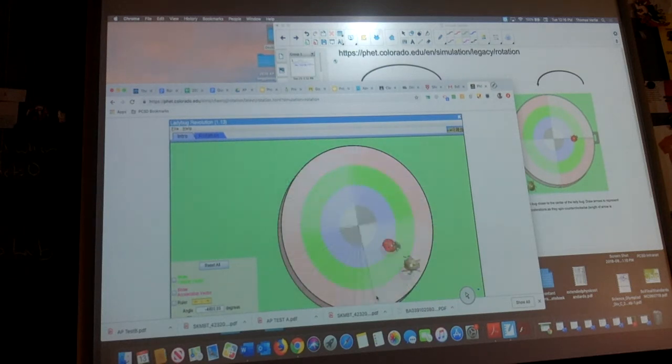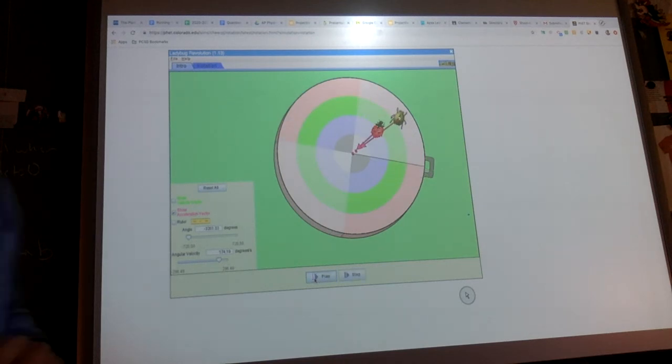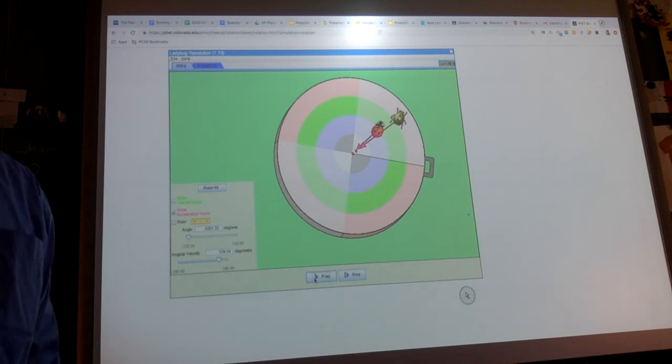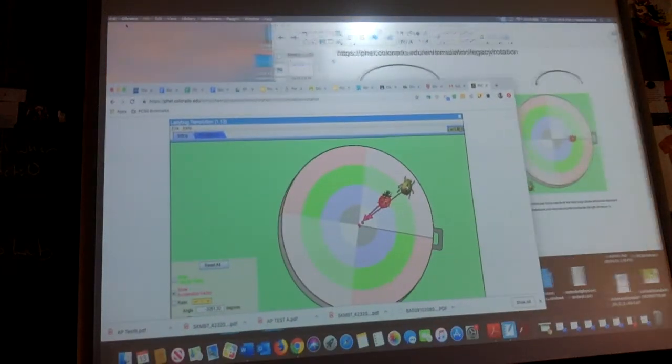Put him further away. That lined up pretty good. Make it bigger. And so we should have had the green beetle with the longer arrow. They both are going towards the center. The green beetle had a longer arrow.